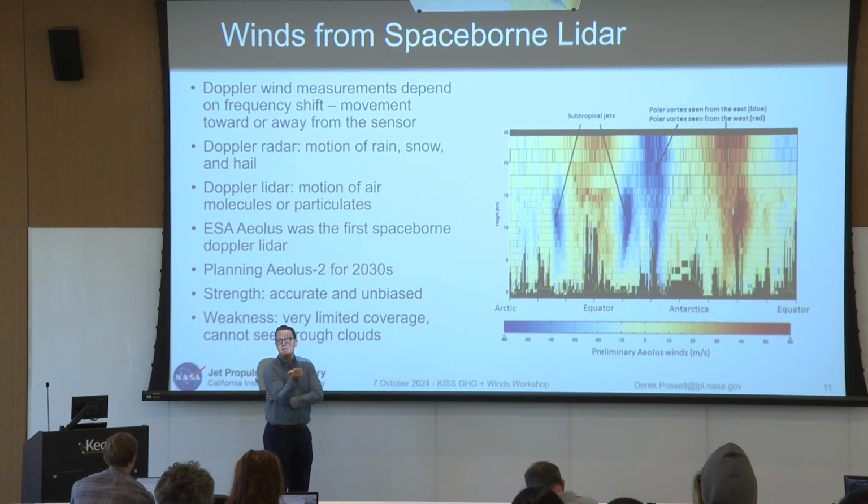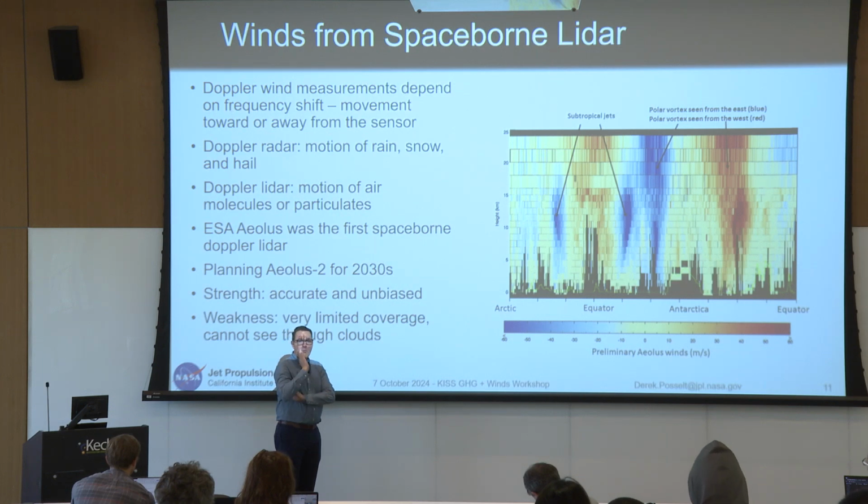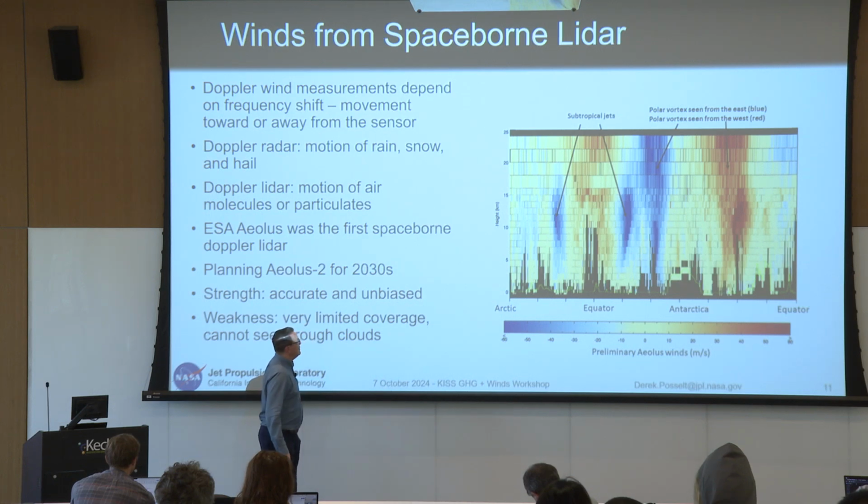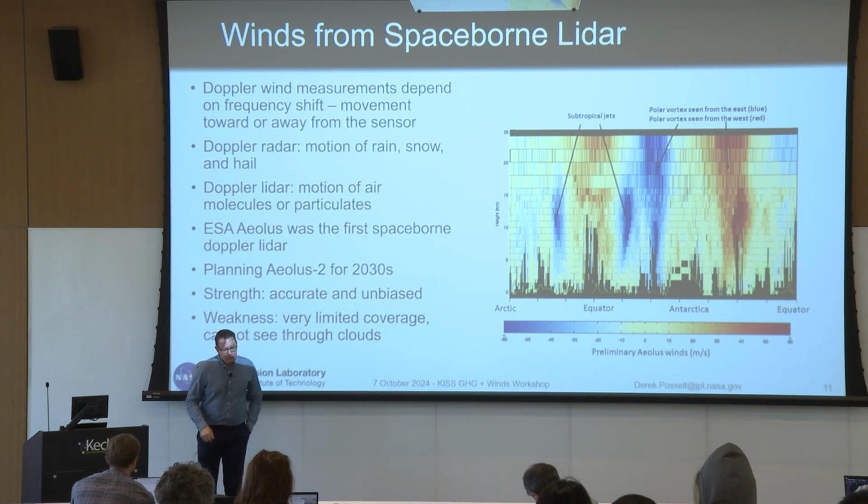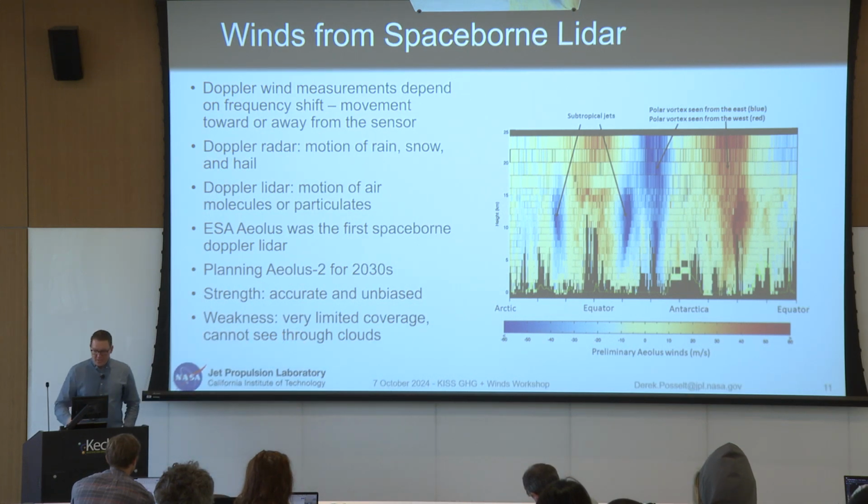I mean, Anna showed the OCO sort of tracks, right? Very, very similar, right? So you have a LiDAR operating in a polar orbit. You don't get a swath, you get a curtain, and that's all you get. But very, very effective measurement.